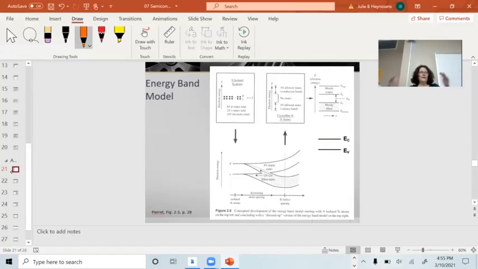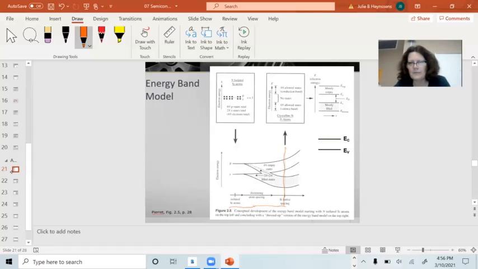So what happens if you take a silicon atom and start moving it closer and closer to other silicon atoms? These S and P orbitals start to blend together and make sp orbitals. Then you get down to the point where you've got them in a silicon crystalline lattice, and it looks like this.